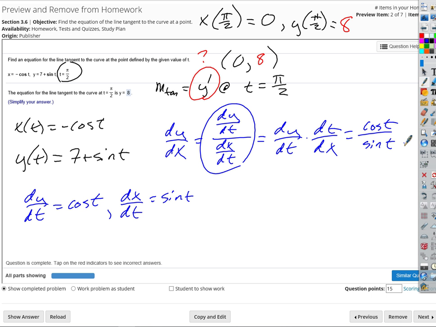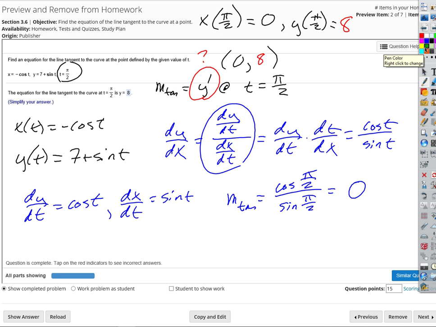But we're just going to evaluate it at pi halves anyway, right? So the slope of the tangent line is going to be cosine of pi halves over sine pi halves, which is 0, right? In this case. So I've got a slope of 0, point of tangency of 0, 8, and so you can see that what's the equation going to be?